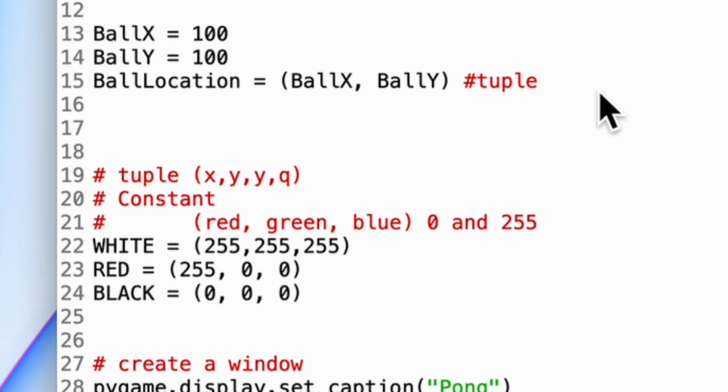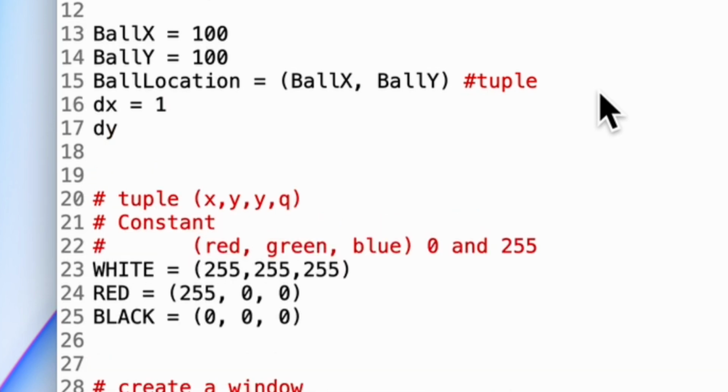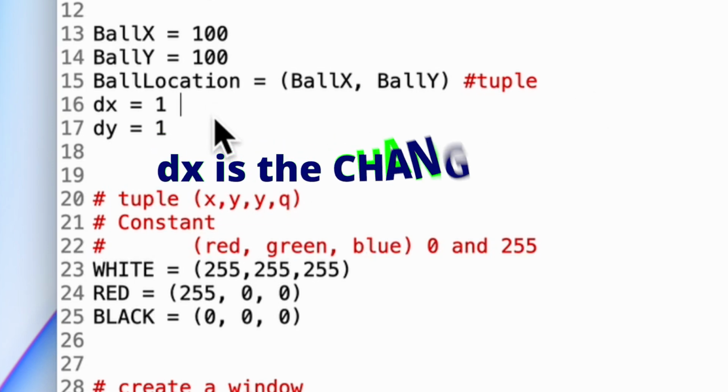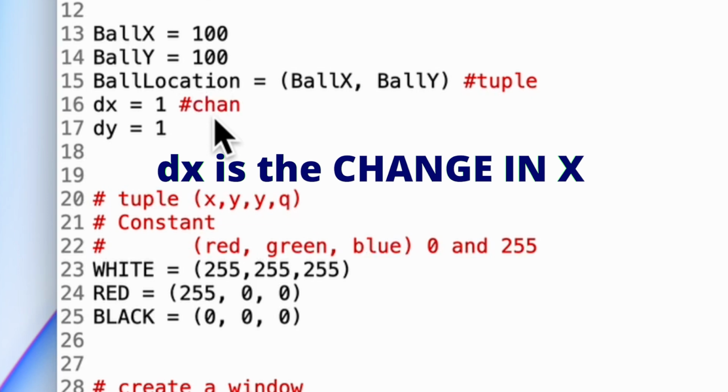We are going to call this dx equals 1, and dy equals 1. And what you'll find out is coders from all over the world use dx and dy to say the change in x or the change in y. So dx means the change in x, dy is the change in y.